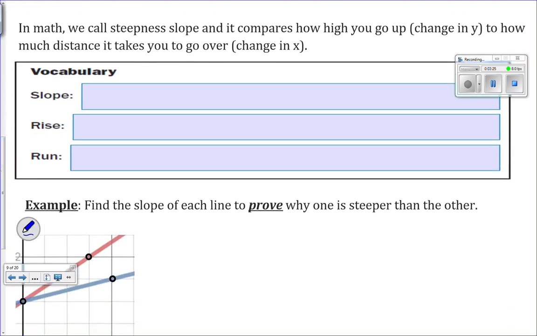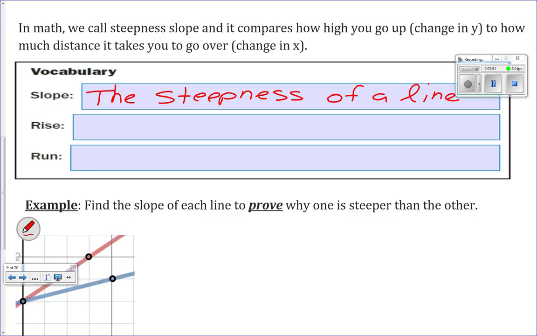It compares how high you go or how low you go, the change in y, up or down, to how much distance it takes you to go over, the change in x. So let's just do a little bit of vocab. Go ahead and fill this in on your packet. The slope of a line is the steepness of a line.